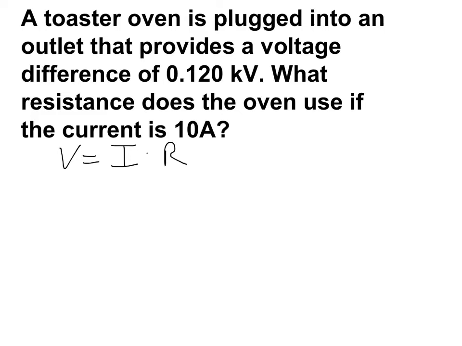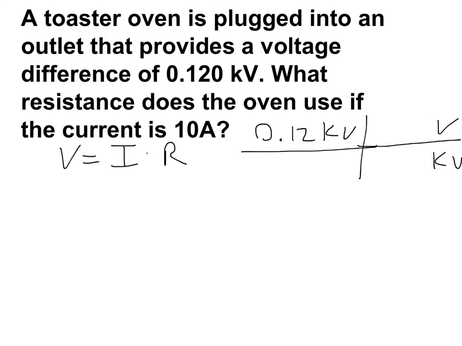Now, I can't use this voltage yet because it's in kilovolts. That has to be converted. So let's just do a basic conversion here. We have 0.12 kilovolts. Set up our goalposts. We know that kilovolts goes on the bottom and volts goes on the top.